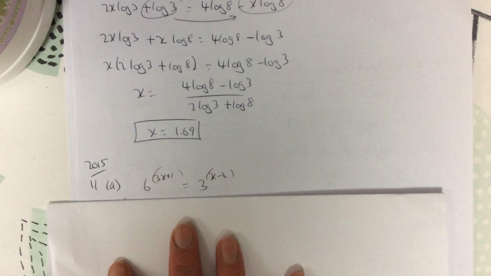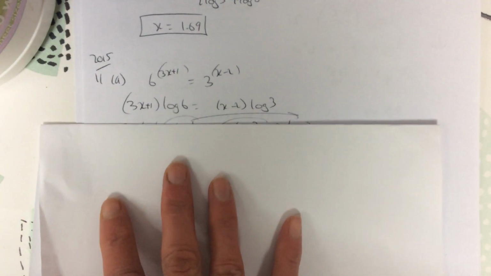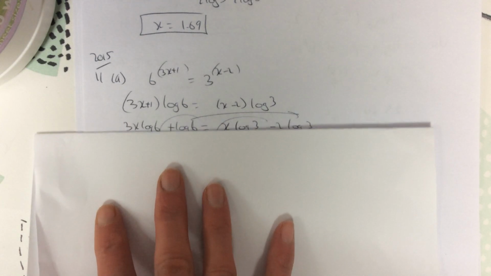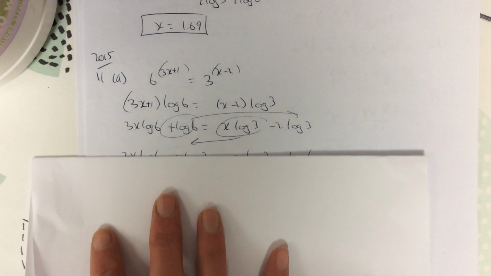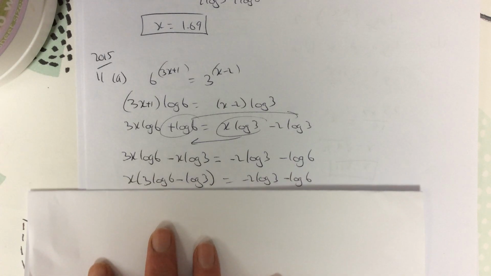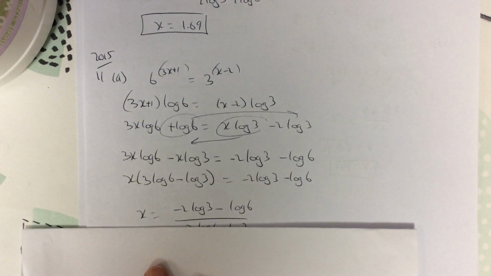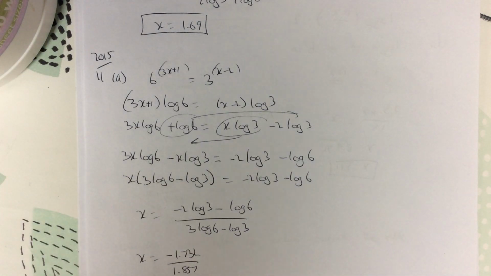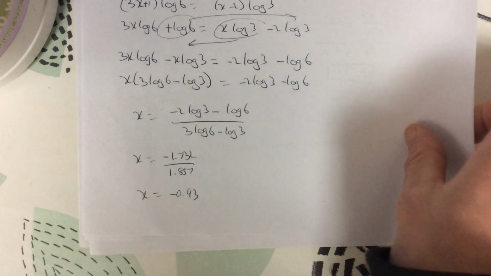Next one, exactly the same. Log each side, power to the front. Multiply out your brackets. X is one side, numbers the other. Factorize out your x, bring your bracket across, divide, and there's your answer.